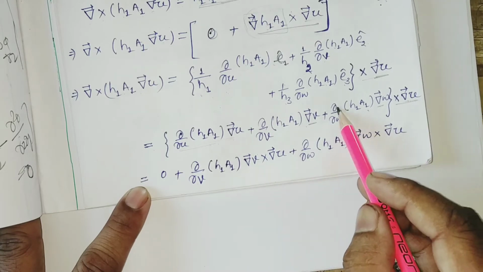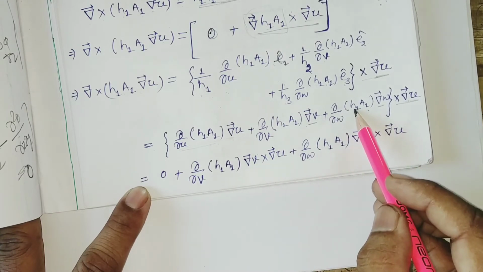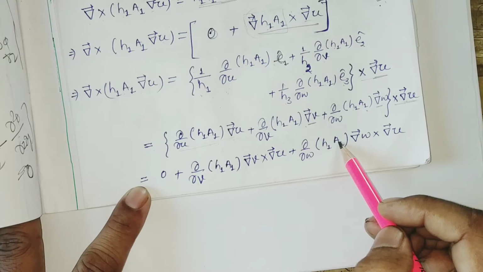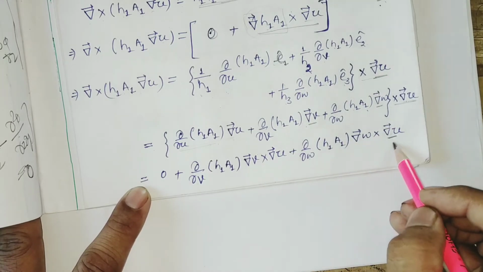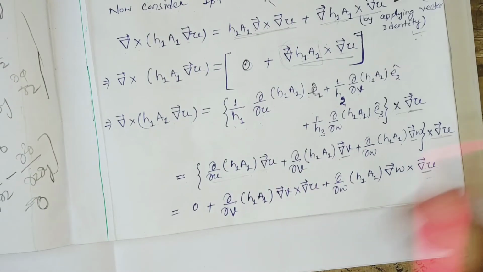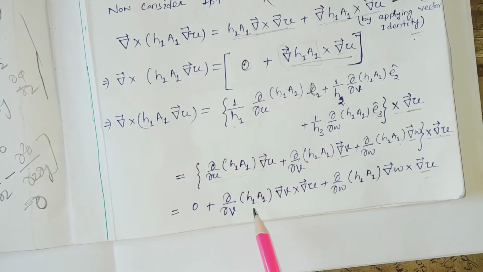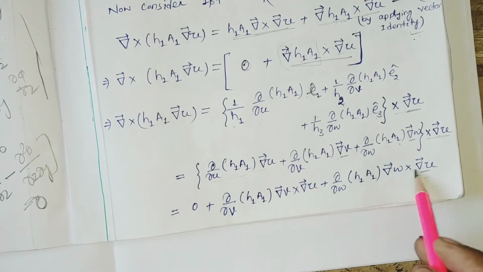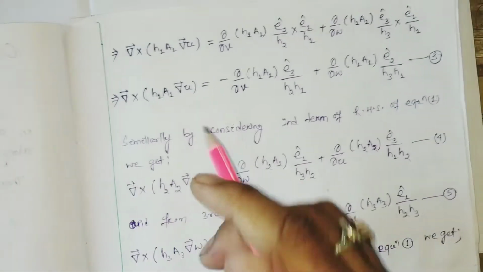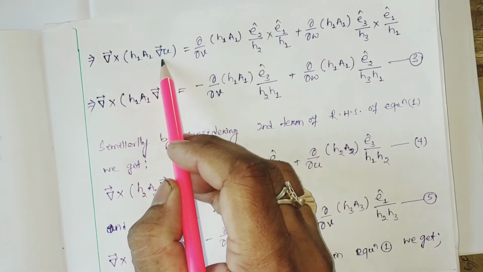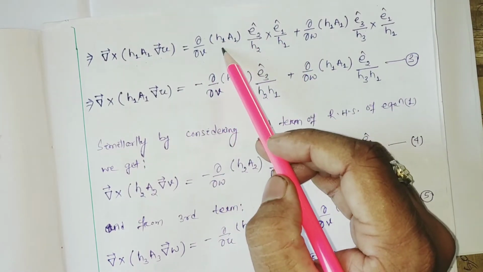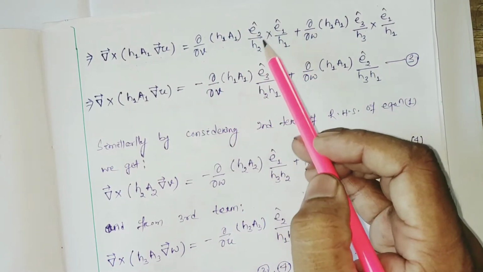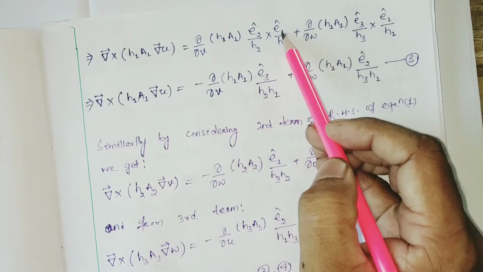Here del by del w of h1 a1, del w cross del u, right? So now we found del cross this much is equal to this term and this term, that is nothing but del cross a1 h1 del u equal to del by del v of h1 a1 e1 cap by h2 cross e2 cap by h2.